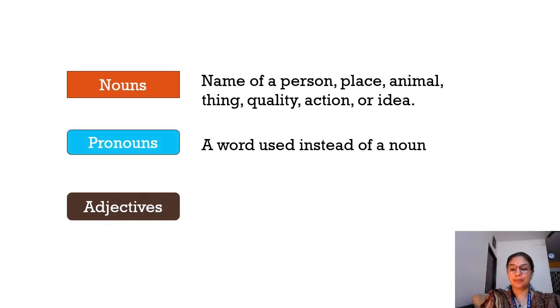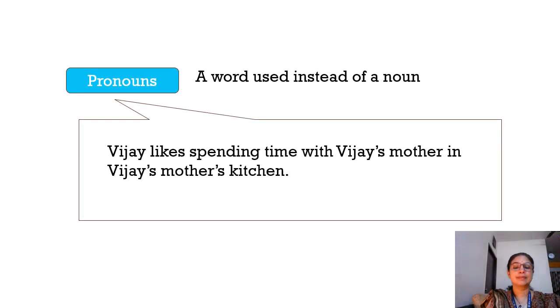We have the pronoun. The pronoun is a word used instead of a noun. Let's look at this sentence. Vijay likes spending time with Vijay's mother in Vijay's mother's kitchen. Not only does that sentence sound odd, it also is very tedious because the same name Vijay is constantly being repeated.